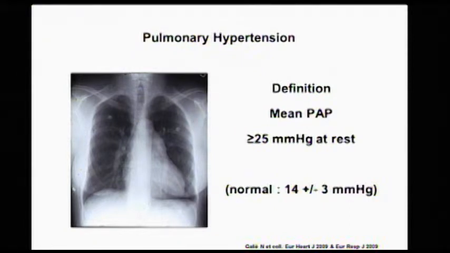And I can tell you that when a patient is diagnosed with PAH, usually they are extremely advanced with, on average, a mean PAP of 50. So we are really dealing with a condition for which we need to have more early diagnosis. And I will discuss that during my next lecture in the late afternoon.